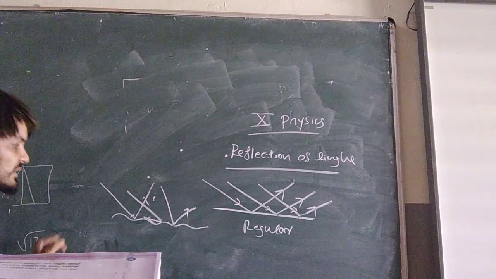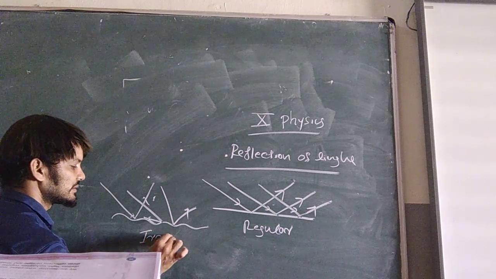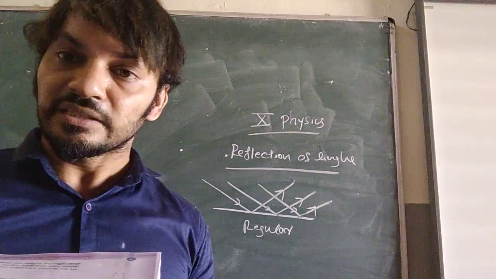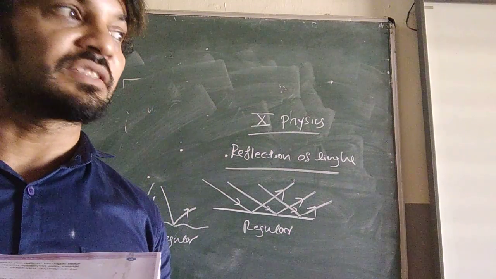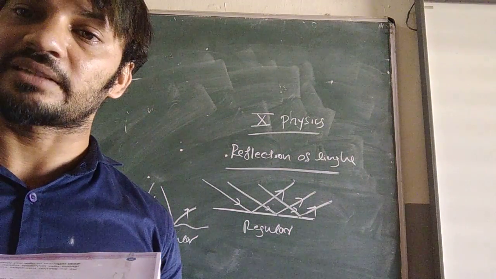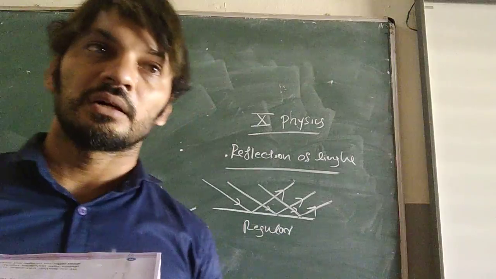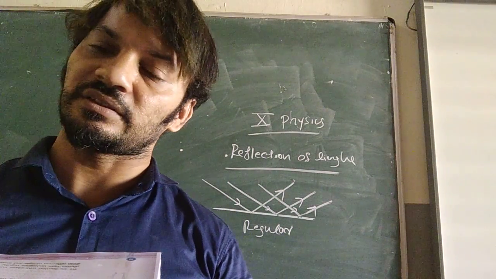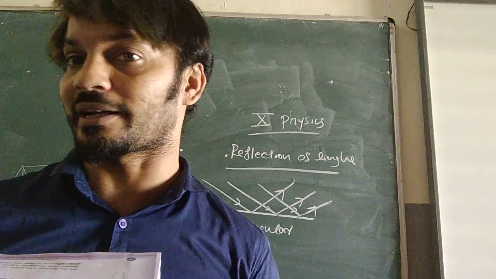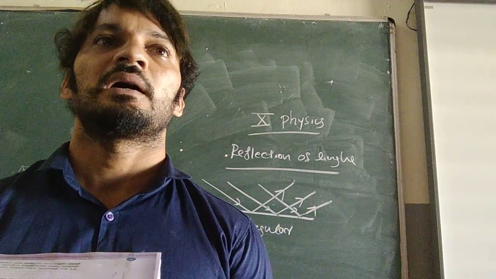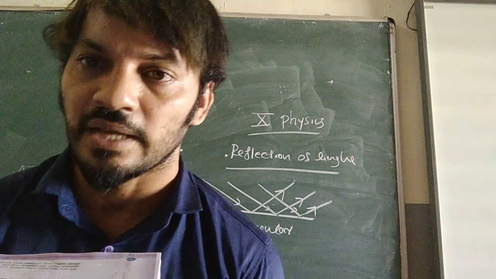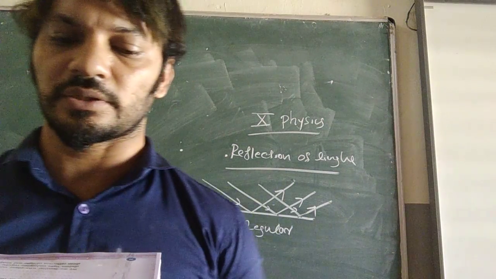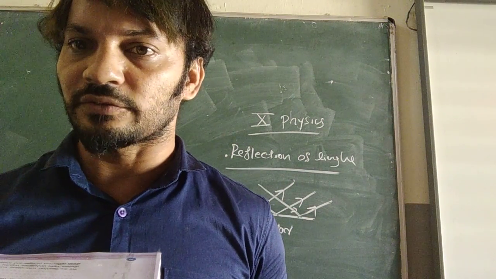It is known as irregular reflection. In a smooth surface, incident ray and reflected ray are regular. In a rough surface, incident ray and reflected ray are irregular. Understood? Regular and irregular, that is very easy. A smooth surface gives regular and a rough surface gives irregular reflection. That paragraph is very important.